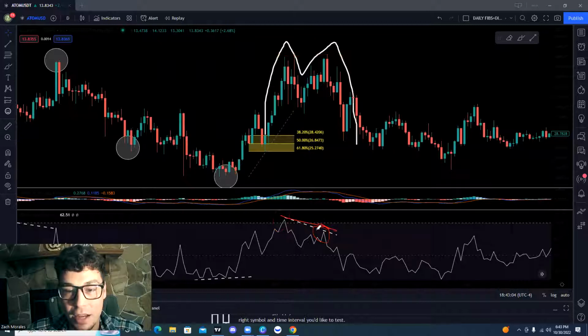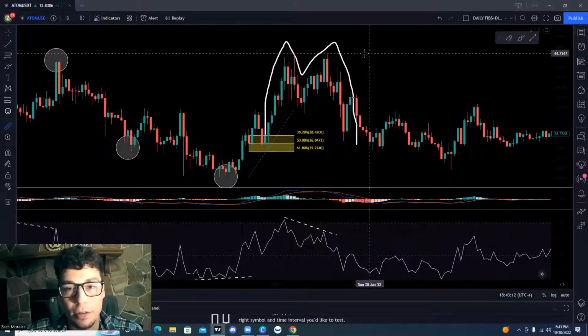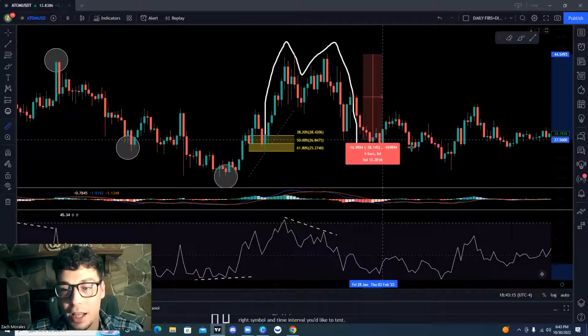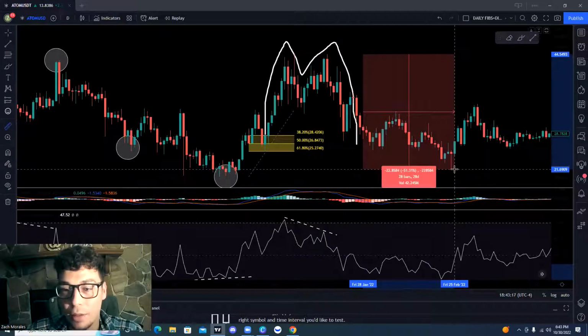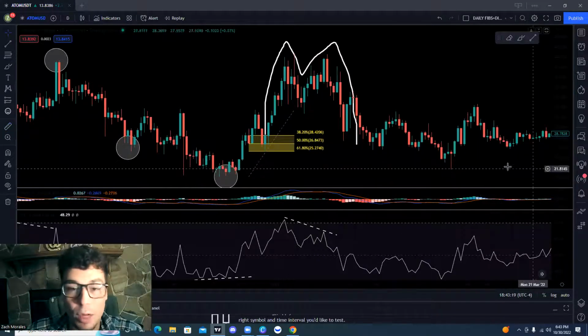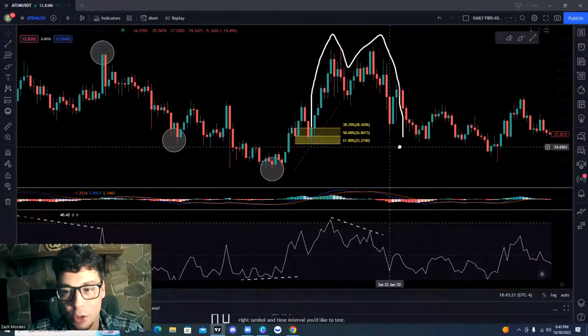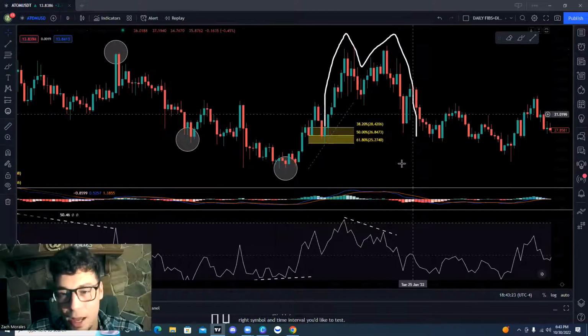So that's a slight bearish divergence. You combine that with a bearish chart pattern known as the M pattern or double top, and you see we get a very sharp move to the downside. We drop about 38% right there, end up dropping about 52%, and end up dropping much more after that. But you wouldn't have been able to tell that just off of this pattern alone.